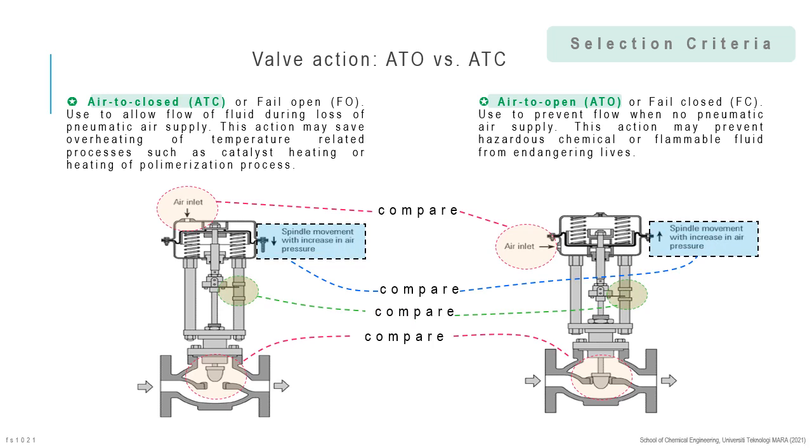This action may save overheating or temperature related processes such as catalyst heating or heating of a polymerization process, whereas air to open, or fail close, is used to prevent flow when there is no pneumatic air supply. This action may prevent hazardous chemicals or flammable fluid from endangering life.